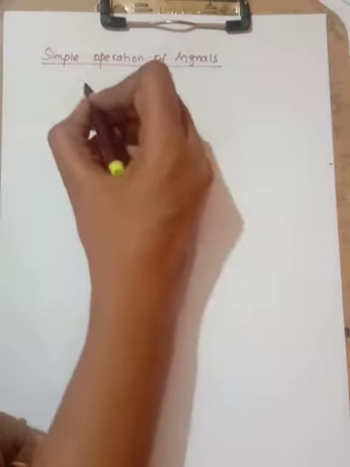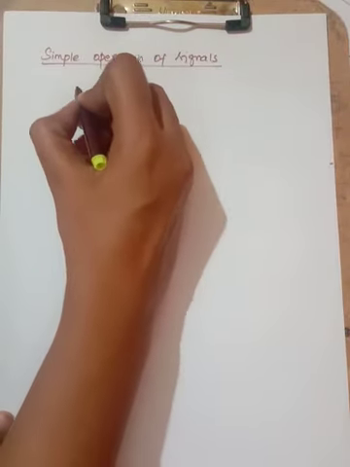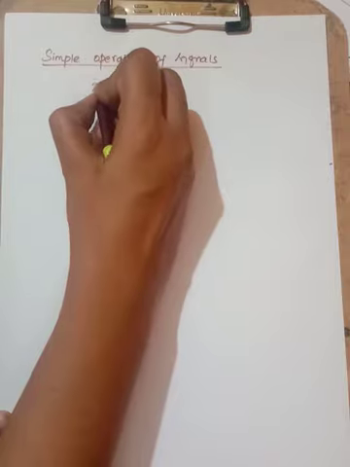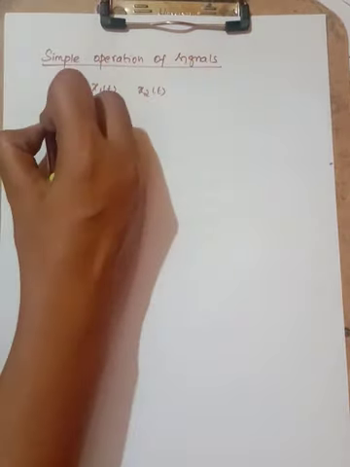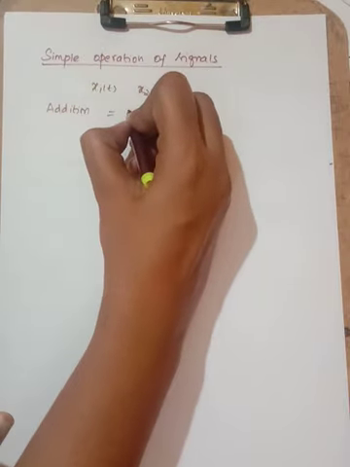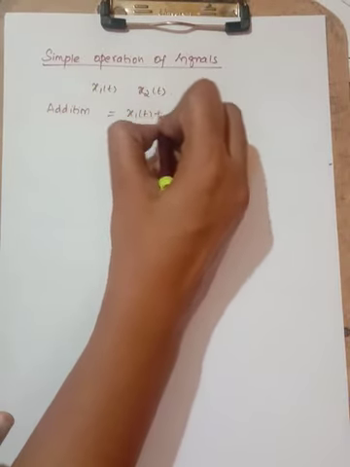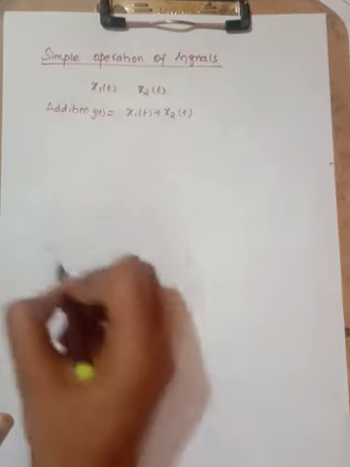So now we will see some of the simple operations we can perform on two or more signals. Consider signals x1 of t and x2 of t, and I need to perform addition on these two signals. So what I will get is x1 of t plus x2 of t. This is your resultant output y of t.